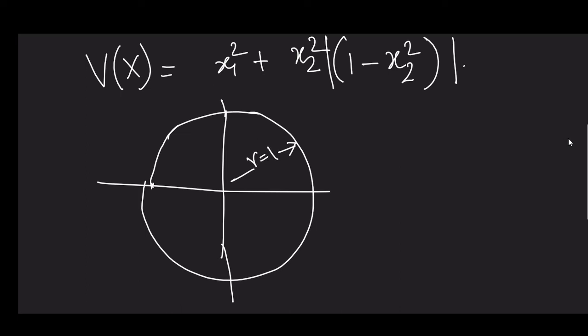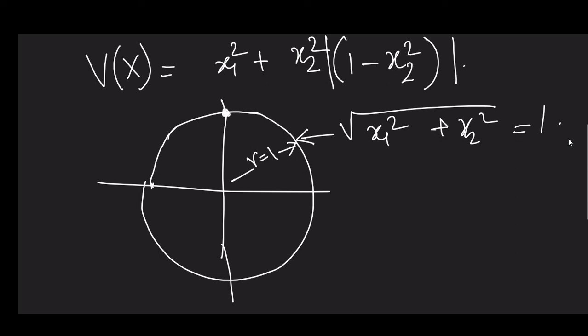So along this circumference, what you can write is x1 square plus x2 square is equal to 1. However, what would happen when you reach this point?